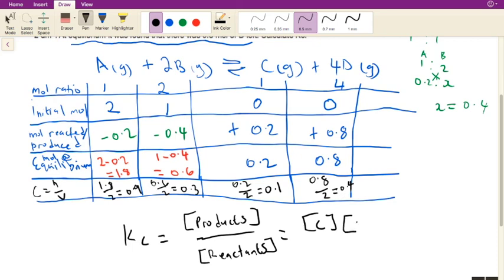And we have D. The concentration of D, the exponent here will be 4 because the stoichiometric coefficient is 4. Divided by the concentration of A, the exponent will be 1, and the concentration of B, the exponent will be 2.